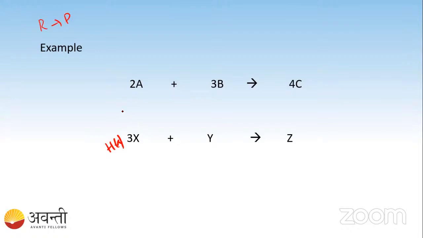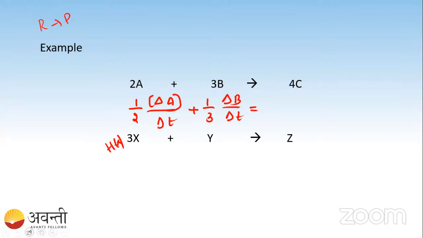How will we do it? 1 by 2, the stoichiometric coefficient, into change in concentration of A by change in time T, plus 1 by 3 change in concentration of B by change in time T, equal to, I mean, this is not plus, this is equal to, let me erase this, equal to 1 by 4 delta C by delta T. As you can see, I didn't represent the signs.